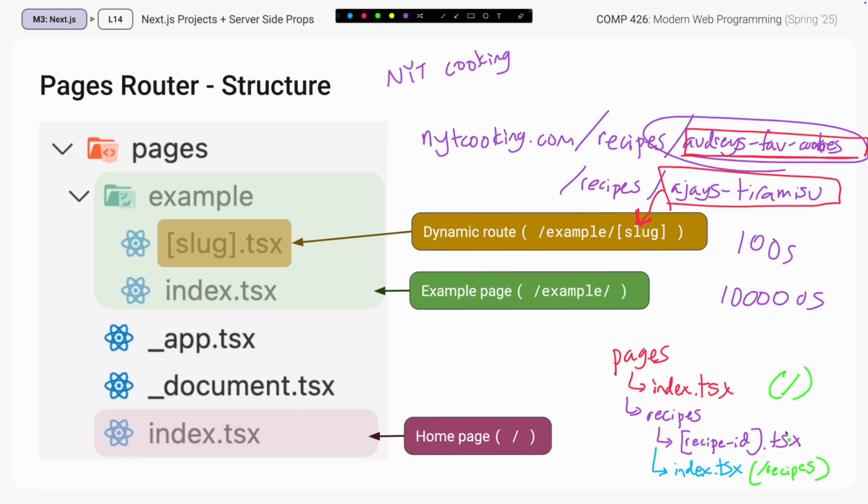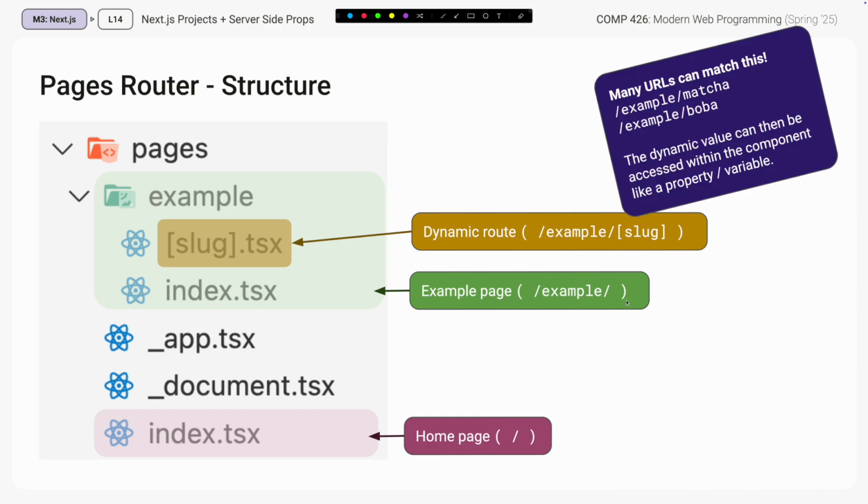And then this right over here would be assigned recipes and then / anything that is a single recipe ID, right? So that's kind of the structure for how dynamic routes work. And I'll show you how this works in a minute because it's really, really cool. Okay, or we'll see a real example of it.